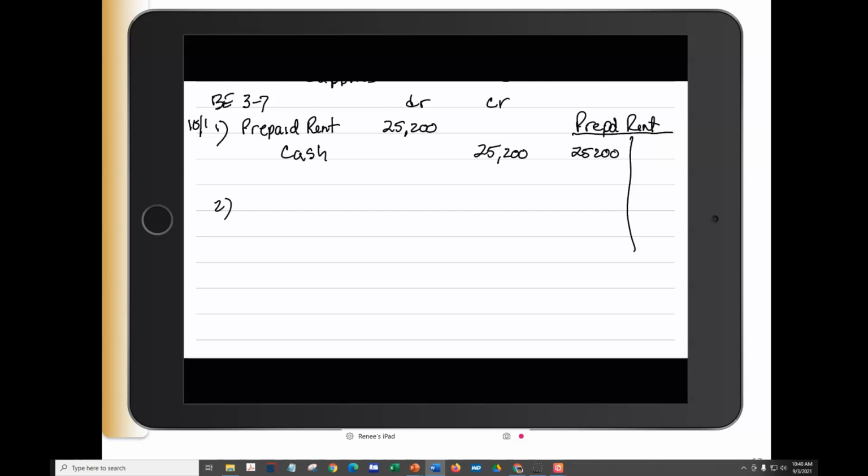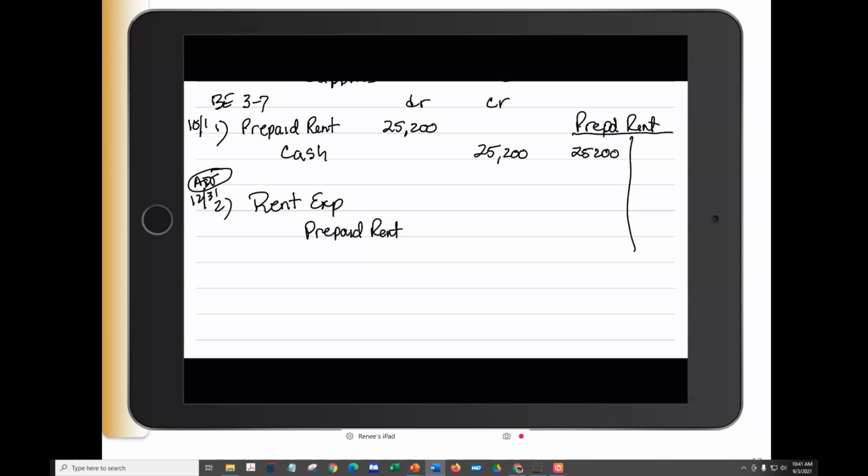The second entry is the adjusting entry, and that's at 12/31. This is our adjusting entry. What do we need to adjust for? We need to adjust for an expense. We need to adjust for rent expense in particular. And we need to take it out of prepaid rent because it's no longer prepaid. We've used some of it.